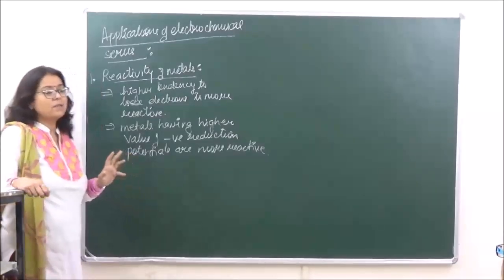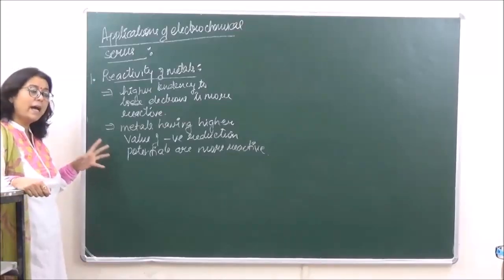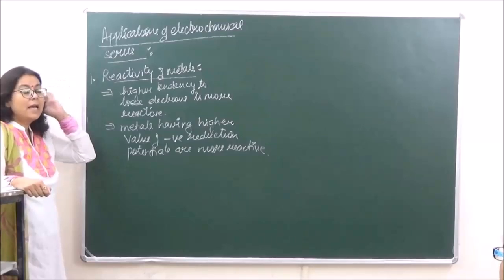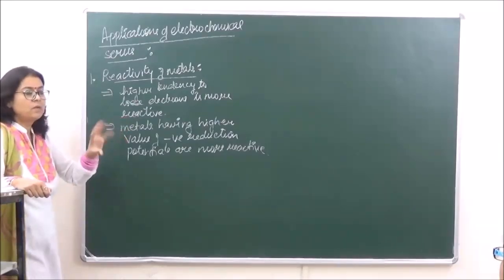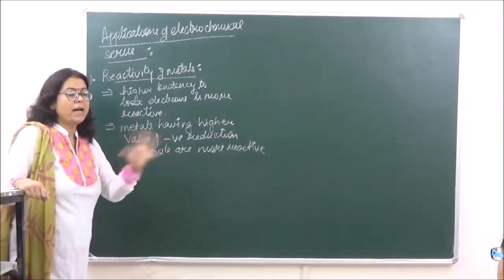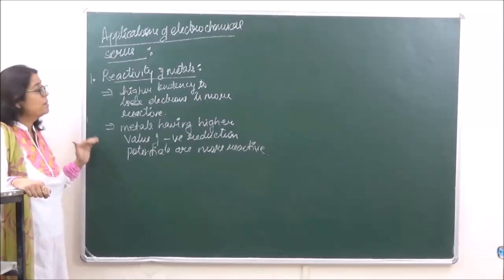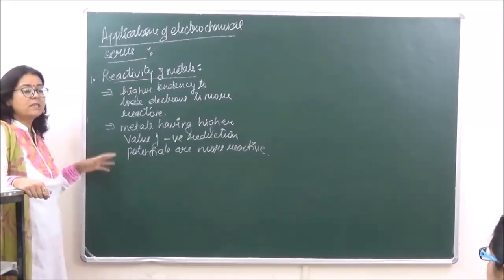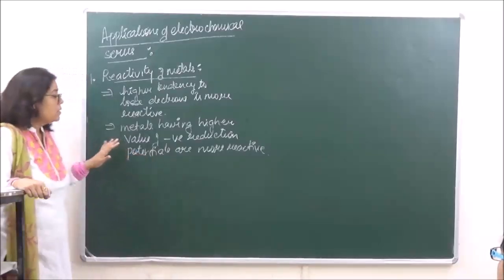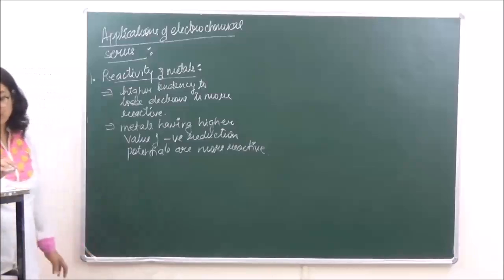In case of lithium, although the ionization energy is high, the hydration energy of lithium and the ionization energy of lithium, when they are added together, give us the highest value for lithium, which you must have also studied in your 11th S block elements, right?